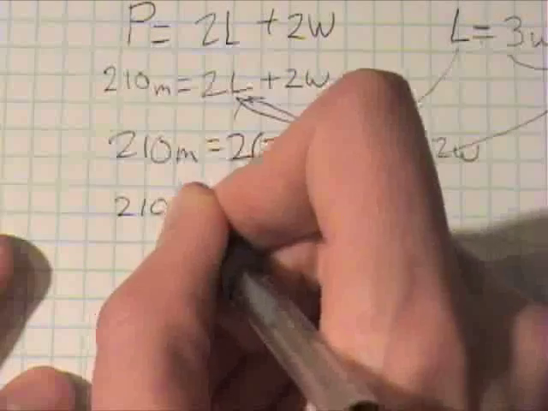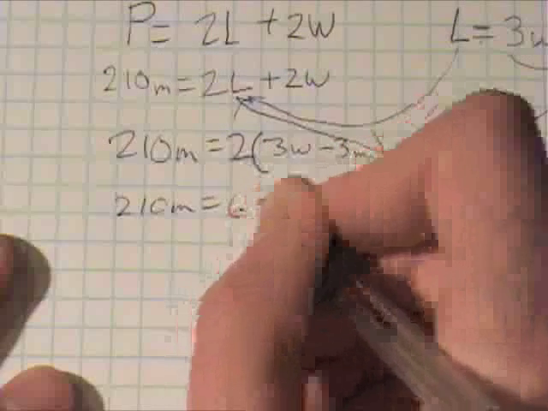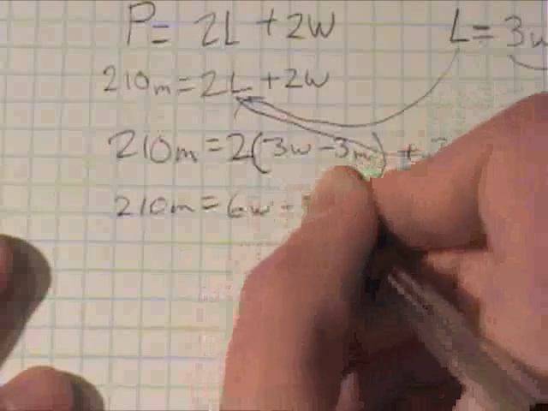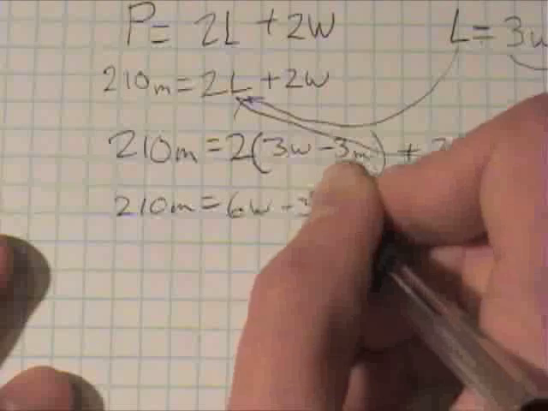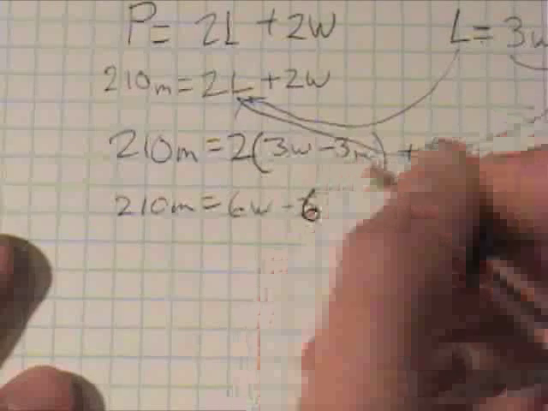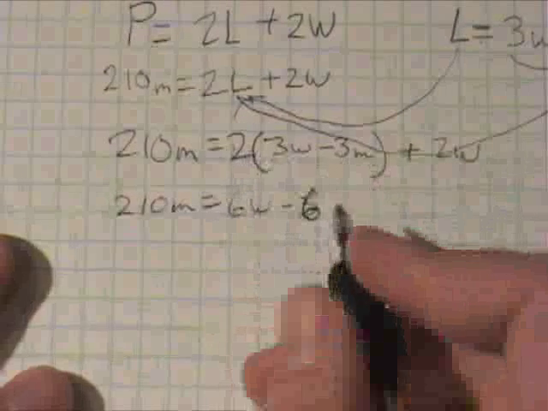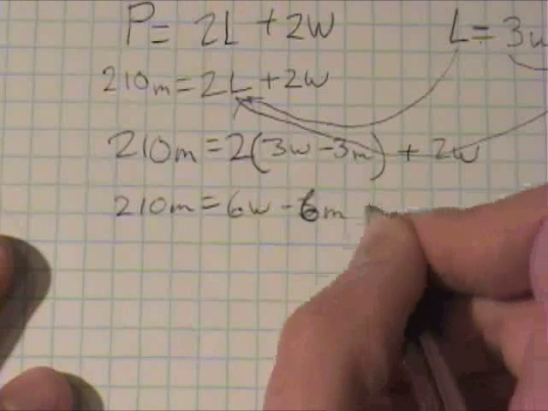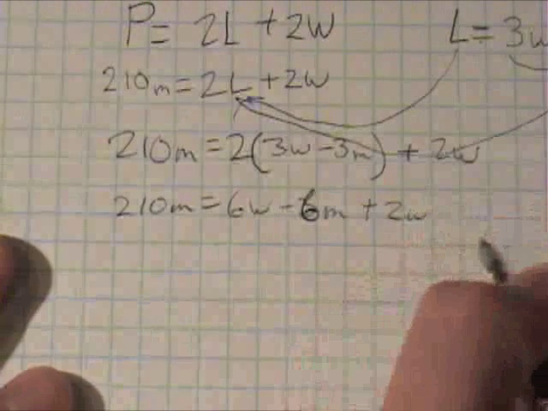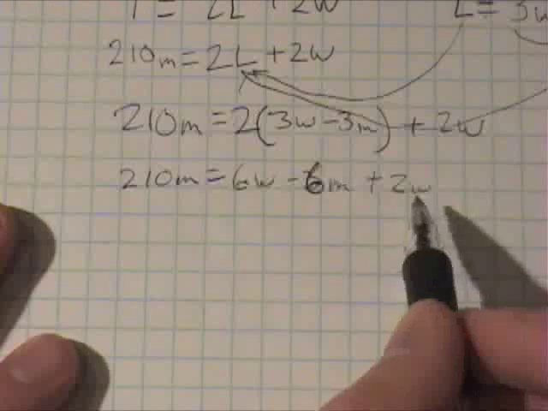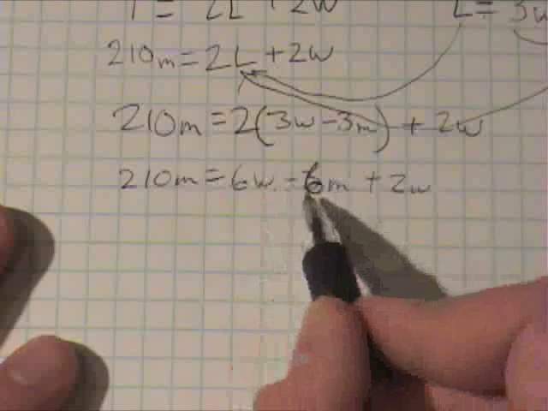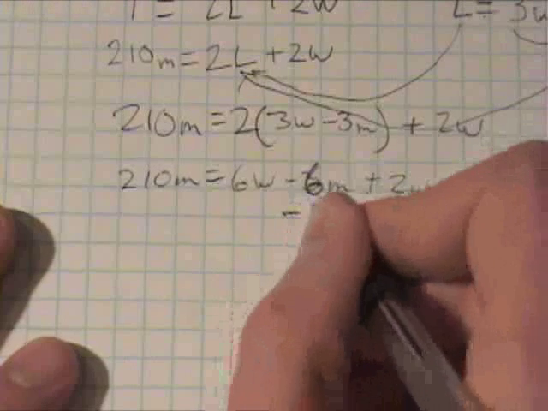So this is going to be 6W minus 3, nope, not 3M, 6M, because there's going to be a 2 distributed out to it. 6M plus 2W.